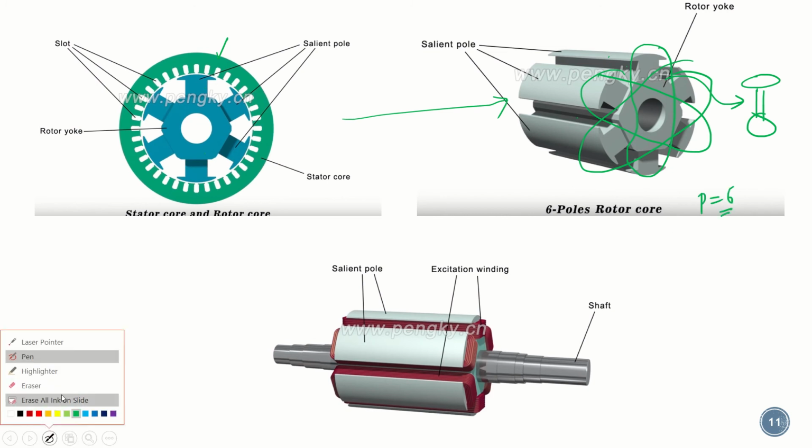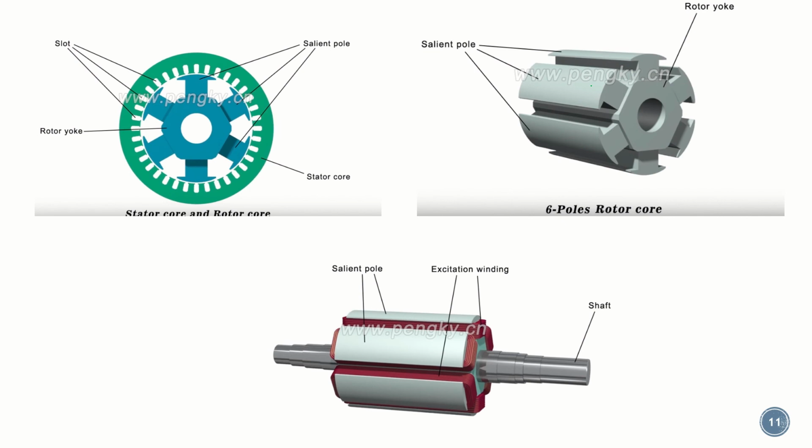Here in these rotors, on these poles, we actually make the rotor windings. Like if you see here, on each pole we make the rotor windings. This rotor winding is attached with the DC supply excitation. So this is also called the excitation windings because they are attached with the DC source.